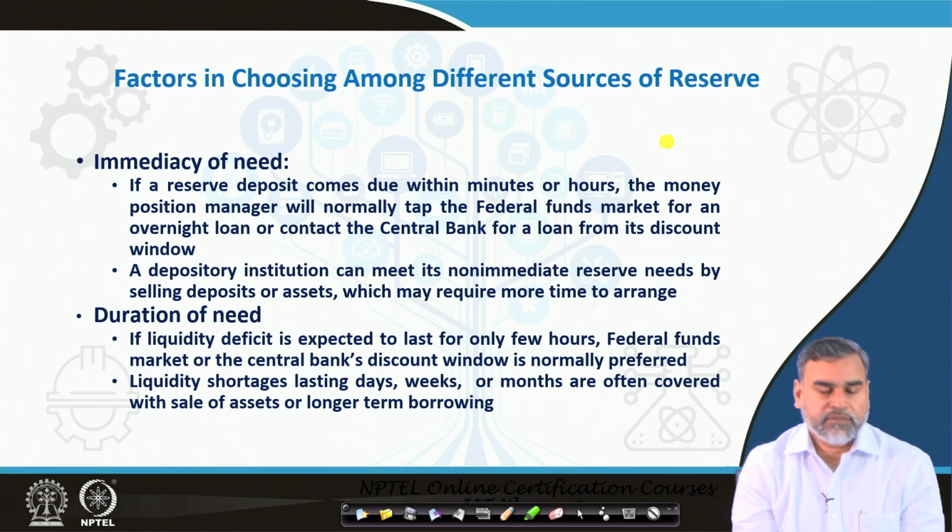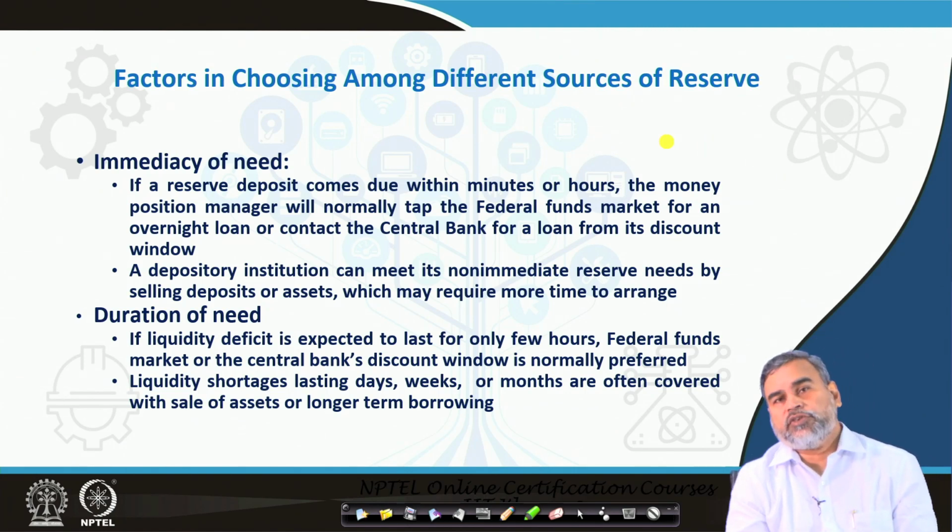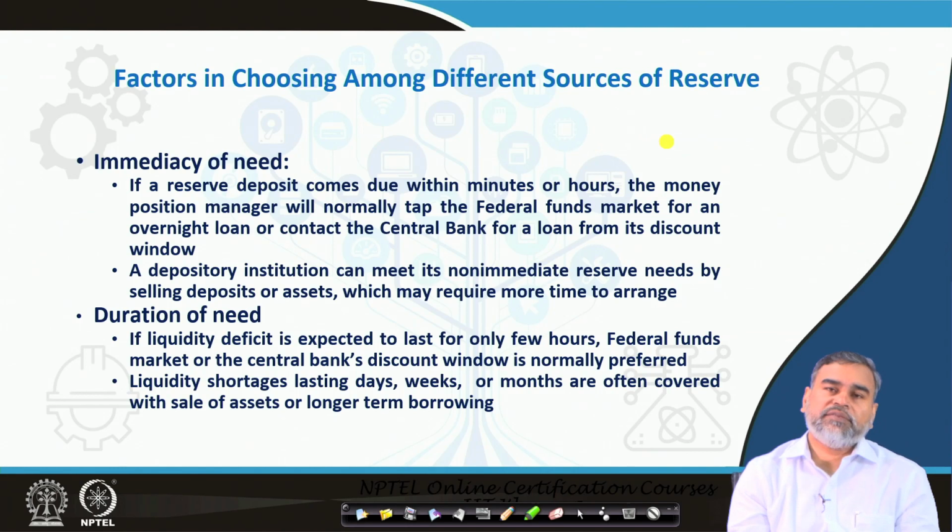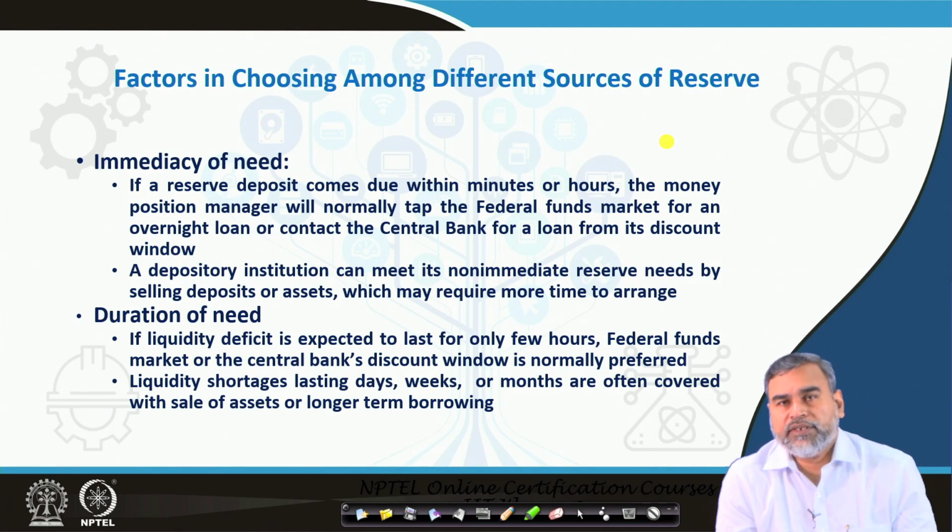Liquidity shortages can last from days to weeks or months, and these are often covered with the sale of assets or longer term borrowings. Mostly what has been observed is that in the developed countries as well as some of the developing countries, the liquidity reserve requirements are maintained through the sale of assets or by going for long term borrowings from different agencies.